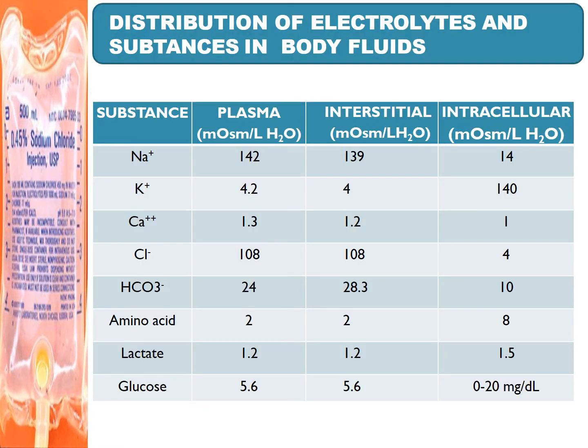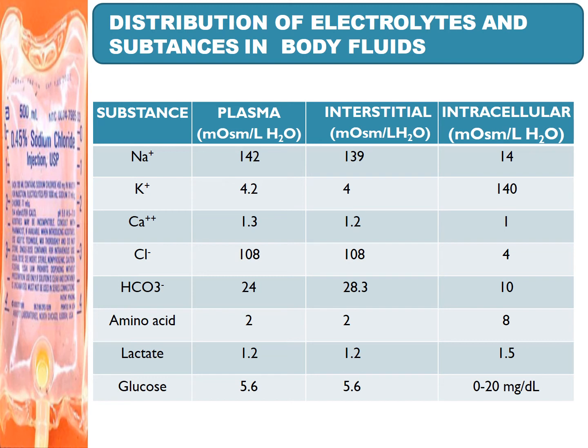Then after the fluid distribution into the different compartments of the body, let us discuss the distribution of electrolytes and the substances in those body fluids which are present in the different compartments.